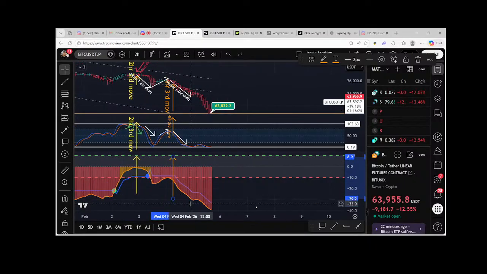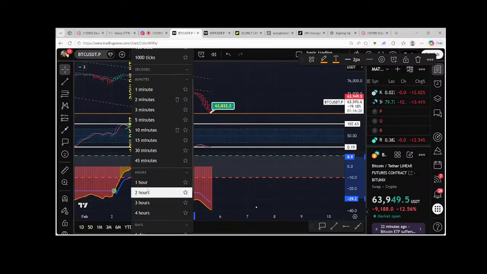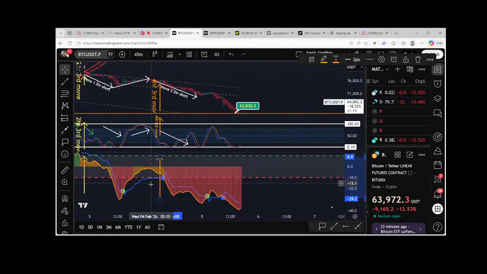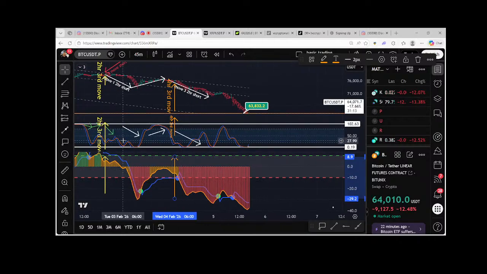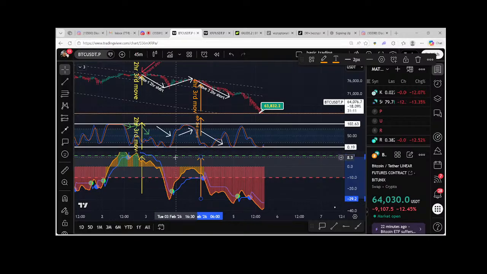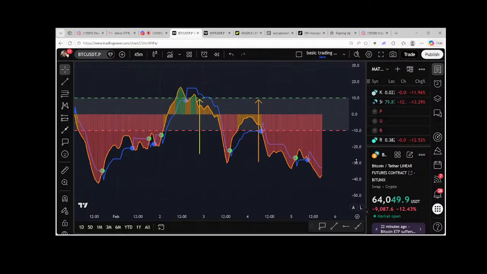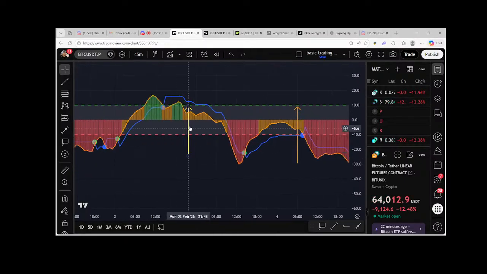I'm going to show you what the moon does. So now all we have to do is go to an earlier time frame, a 45-minute time frame, okay? Let me show you very clearly. On the moon indicator, you see right here this yellow?